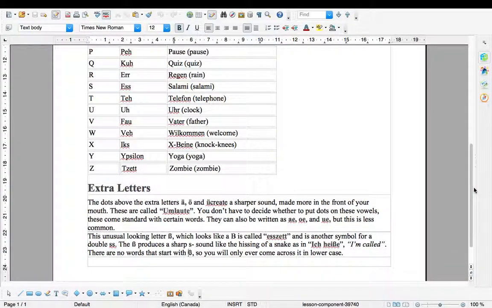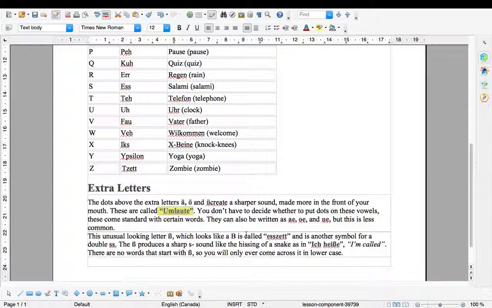So you see here, in addition to the alphabets, we also have in German the umlaut. You see here the two dots on A, O and U. These are known as umlaut. So this doesn't mean anything. This is especially just to create a sharper sound in your word.